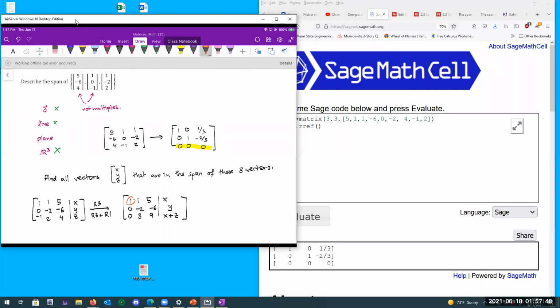Next, let's divide row 2 through by negative 2. So we're going to do negative a half times row 2. So we get 0, 1, 3, negative y over 2; 0, 3, 9, x plus z.